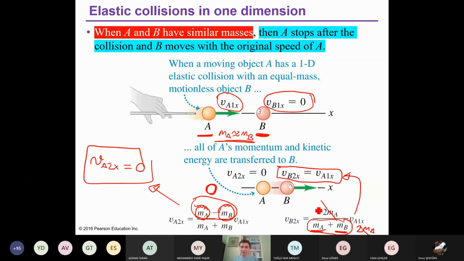So before the collision, B was at rest, but after the collision, the A ball is at rest. All the kinetic energy is transferred to the B ball. This happens in billiards. If you play with billiard balls, maybe you have observed this type of behavior many times.